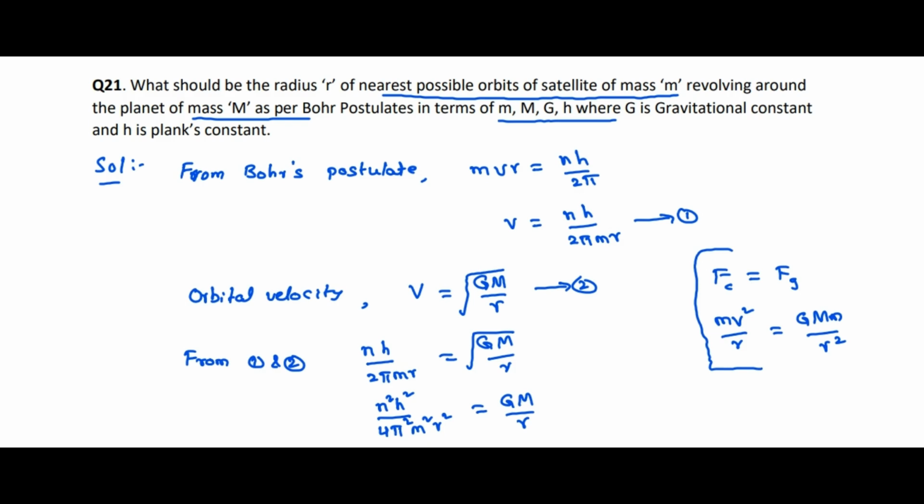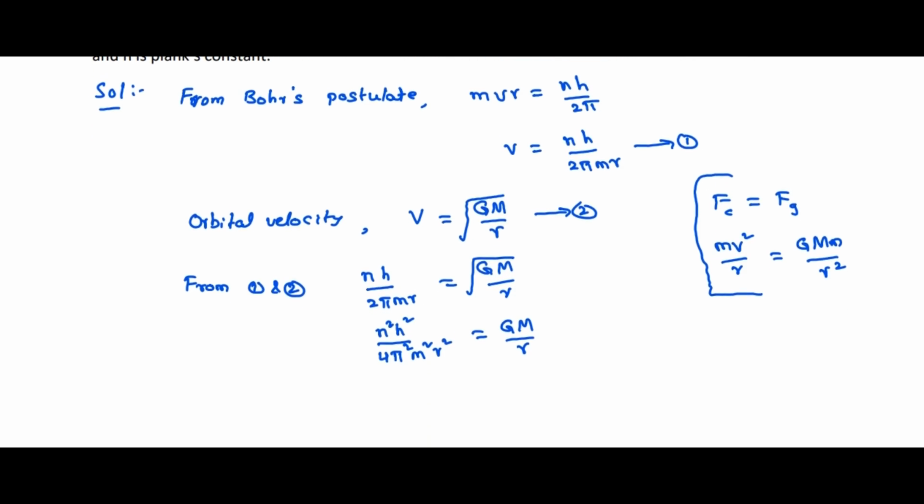Here one r will get cancelled, and after simplification we will get r is equal to n square h square divided by 4 pi square m square GM. So this is the orbital radius in terms of n, h, 4 pi, m, G and mass of the planet.